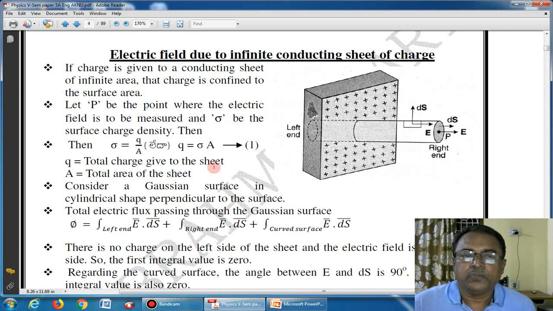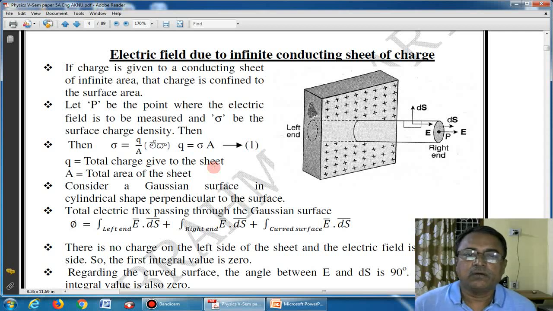But before going to these applications, we have to know what is meant by charge density, and the other one is how the charge given to a conducting sphere or conducting body and non-conducting body will distribute throughout the material.